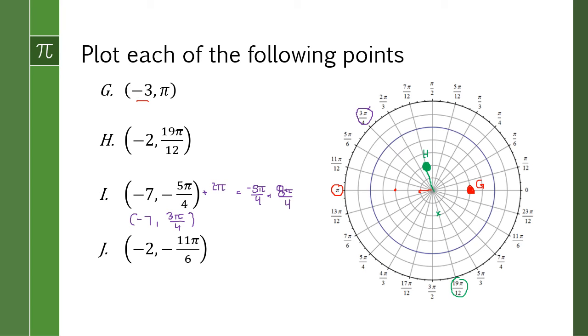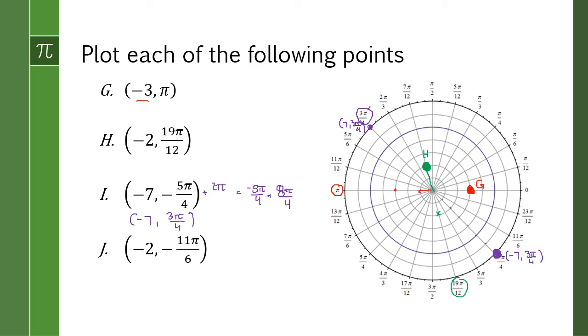So instead of going 7 units towards that angle measure, I'm going to go 7 units in the opposite direction. 1, 2, 3, 4, 5, 6, and I end up down there. So up here would be the point 7 comma 3 pi over 4. And down here is the point negative 7 comma 3 pi over 4.